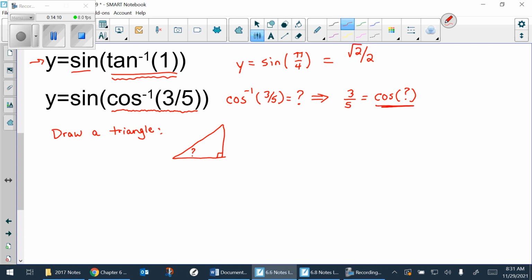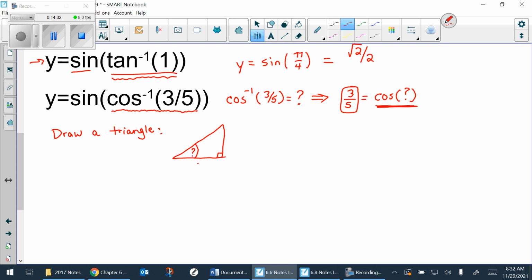Now the cosine of that angle is 3/5. I think, what is cosine? Cosine is adjacent over hypotenuse. So the cosine of this angle, adjacent over hypotenuse, is 3/5.